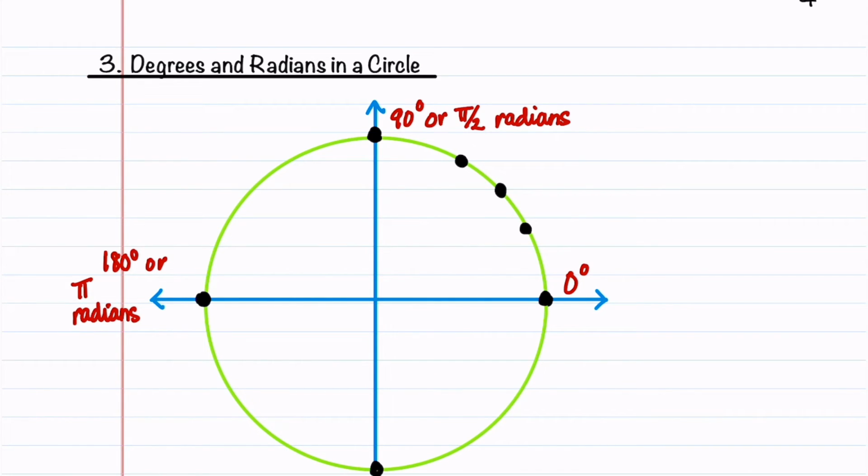At the bottom of the circle, we have 270 degrees, or 3 pi over 2 radians. And if we continue, we end up at 0 degrees, or we can say it's 360 degrees, or 2 pi radians.